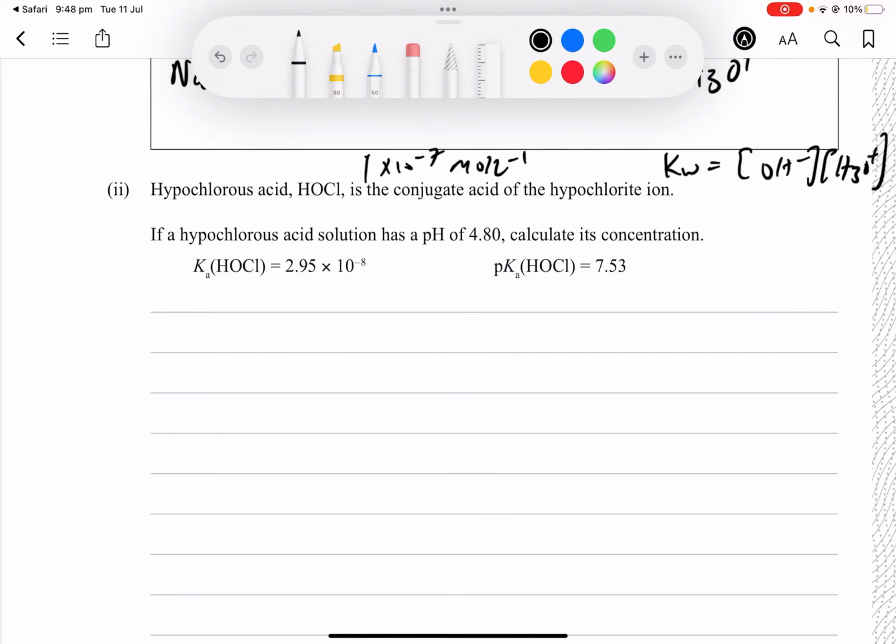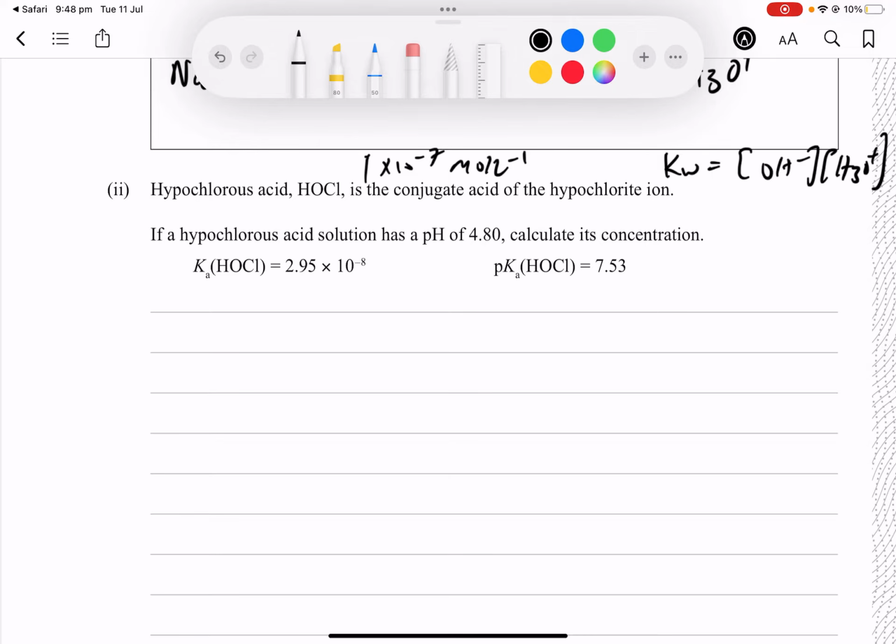Looking at question II. Hypochlorous acid, HOCl, is the conjugate acid of the hypochlorite ion. If a hypochlorous acid solution has a pH of 4.8, calculate its concentration. So we're going to write the equation for the reaction of HOCl with water.